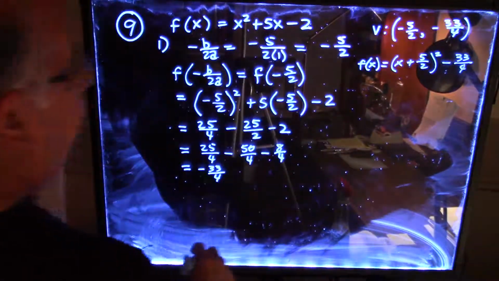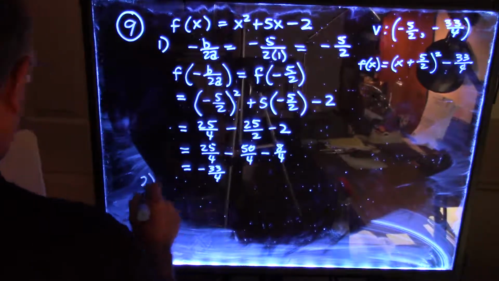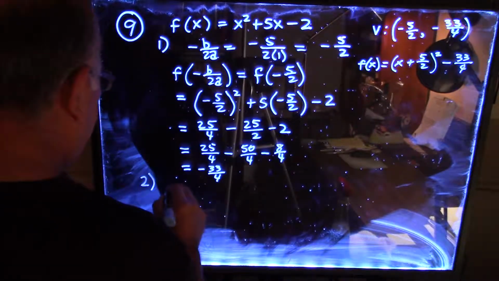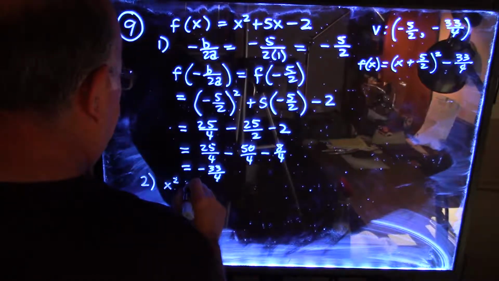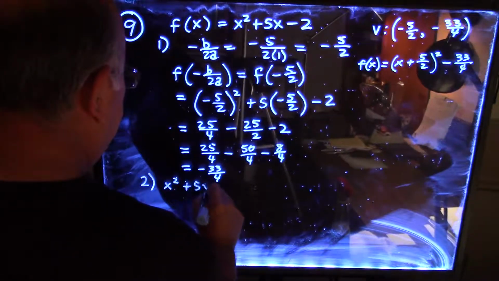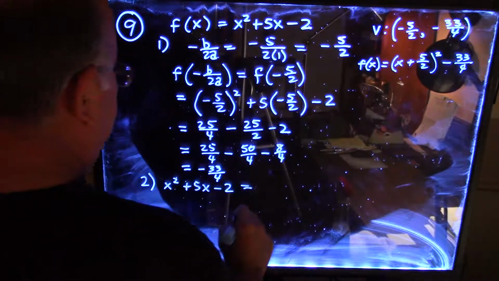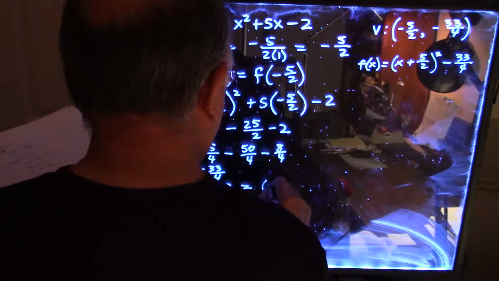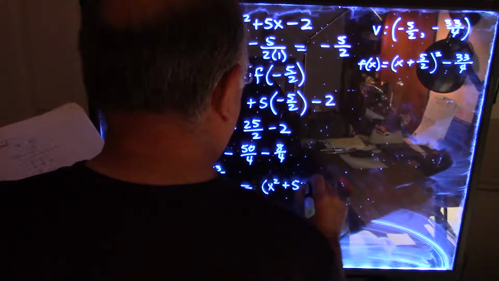So here's method 2, that's completing the square. You write x squared plus 5x minus 2, and then group x squared and the 5x in parentheses using associativity.